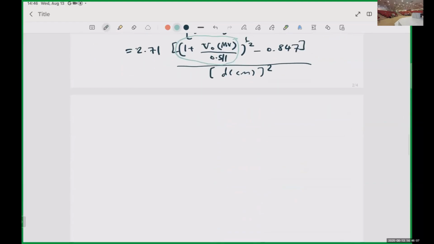And if you have a different geometry, let's say a coaxial geometry, now in 1D the coordinate system is going to be different.